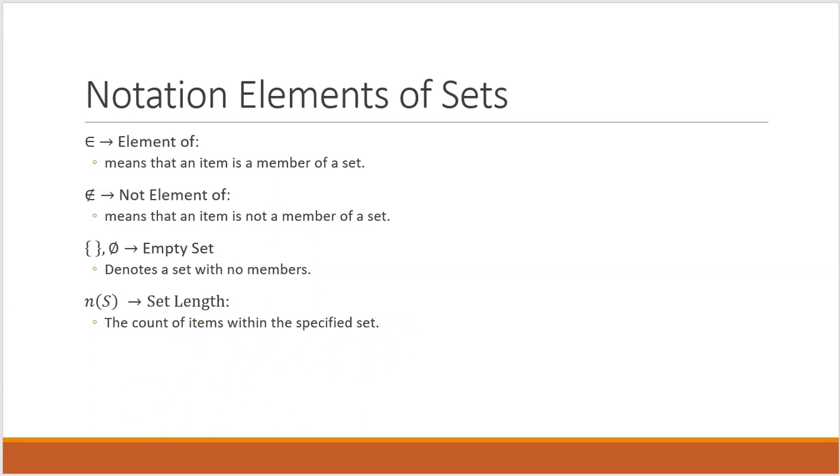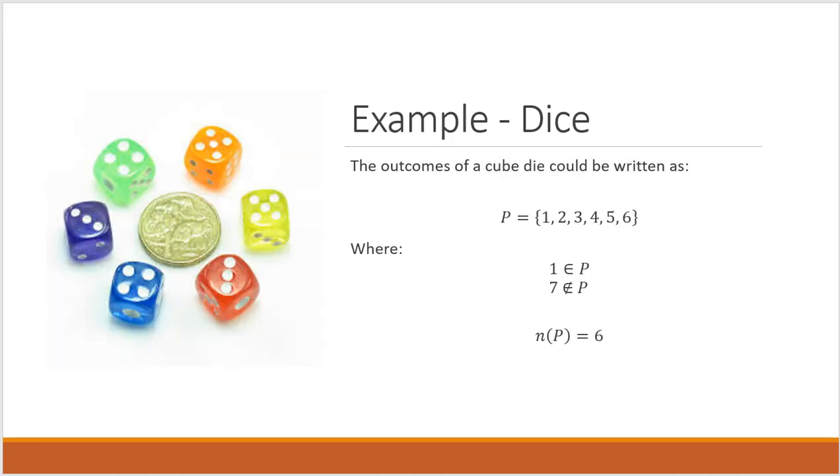Now looking at a dice example, if we have a square die or a cube die, the possible outcomes could be in braces 1, 2, 3, 4, 5, or 6.